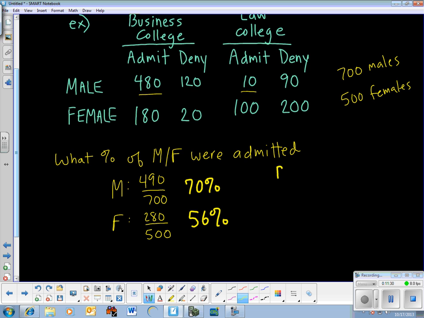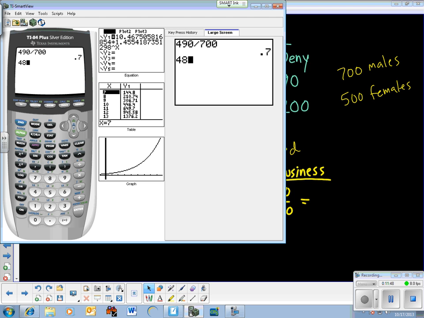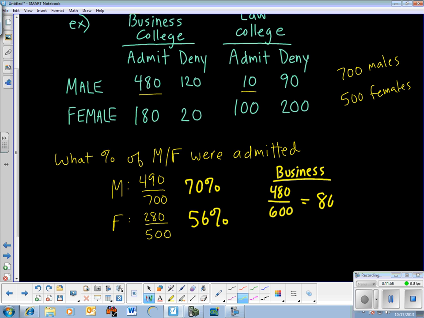So business school. In business school, the males, we admitted 480 out of 600. We admitted 80% of the males to business school. And females, we admitted 180 out of 200, which is 90%.